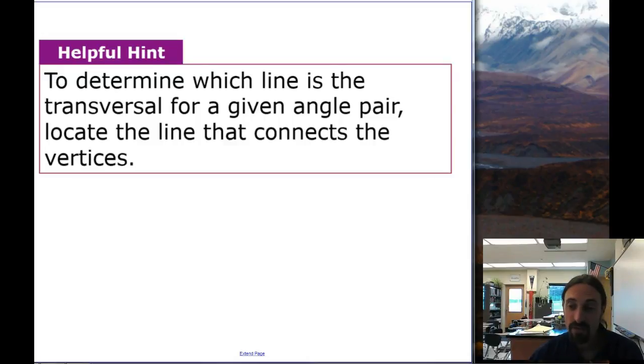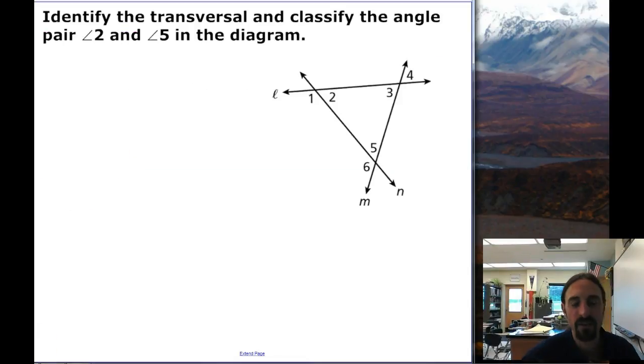What can often be confusing is what a transversal is. So here it is. The transversal for a given angle pair is the line that connects the vertices. Again, a vertex is where rays or lines come together to form angles. So what segment or what line connects the two angles? That's really the big question in determining the transversal.